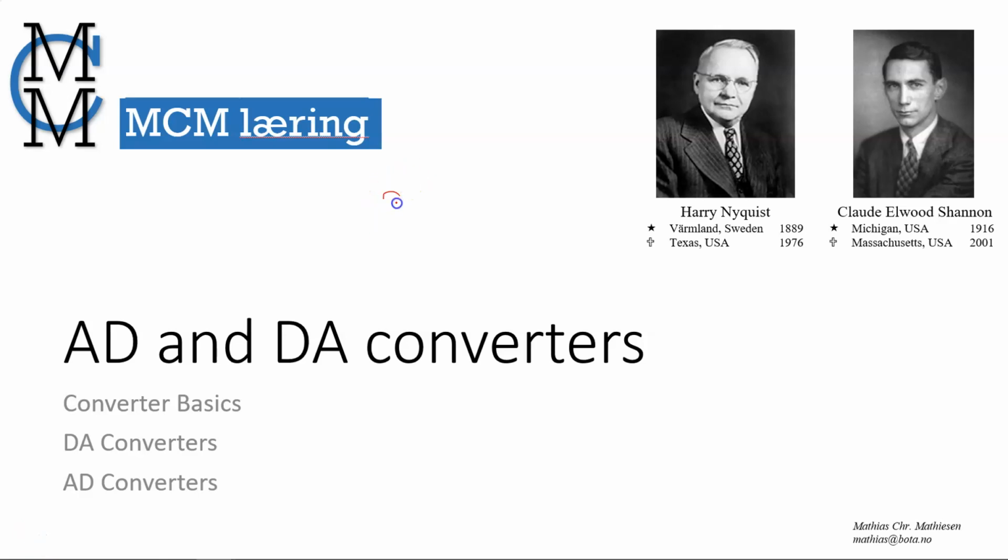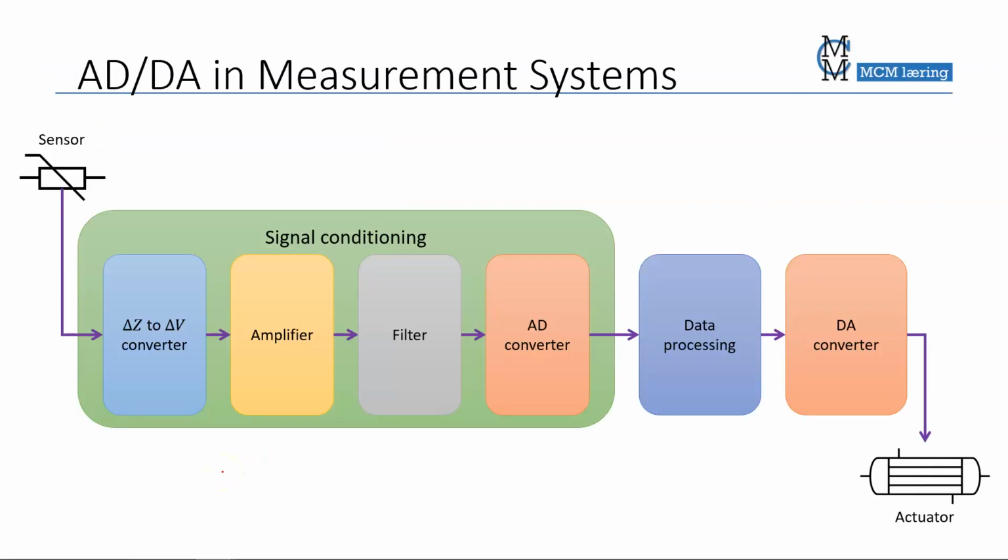Film number 3 on AD and DA converters will cover DA converters. And if we look at this measurement system block diagram, you see that DA converters actually come later in the process than AD converters.